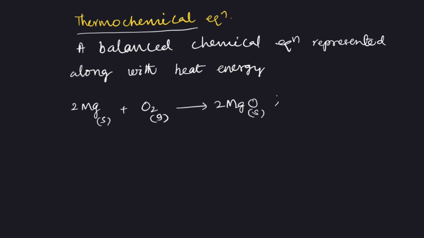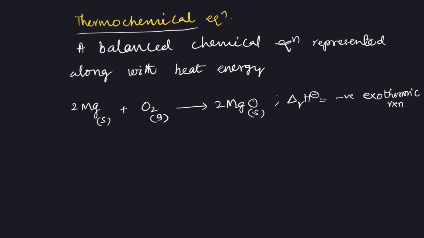Magnesium burning in the presence of oxygen is an exothermic reaction. So delta R H, the enthalpy of reaction, this is negative. I don't know the exact value, that's why I'm writing negative.